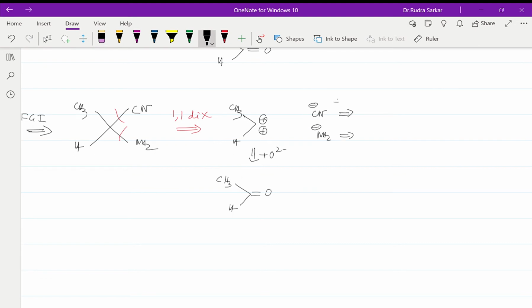So if we add the protons, we get HCN and NH3.